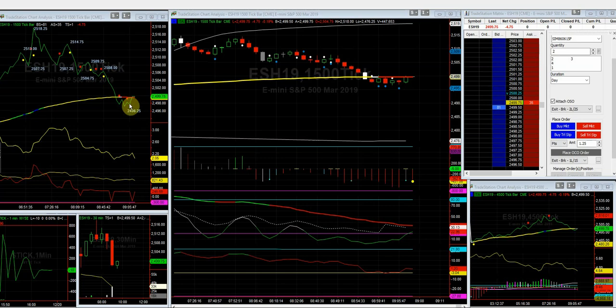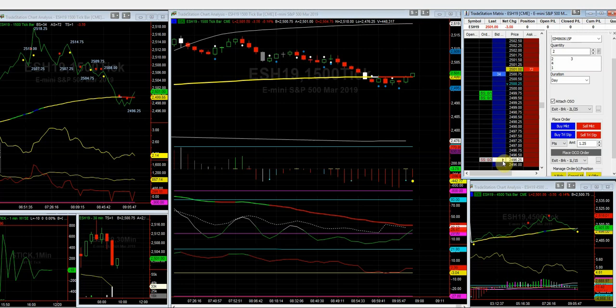So what we would do in this instance, because it's below and it's associated with this red dot here, we would take a short at that time. So we would go over here, we would look for 24.96.25. So we would put our short in right here, and we would let price come down to it and then go through it.